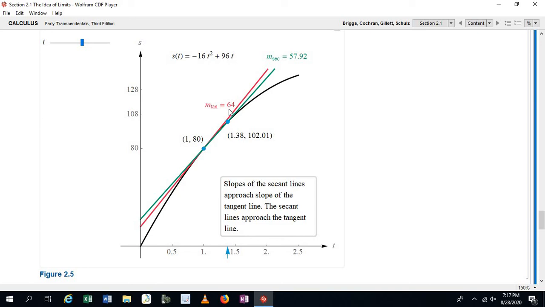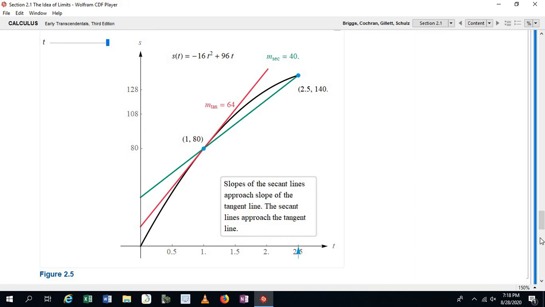A secant line goes through 2 points on the position function, and its slope represents the average velocity between those 2 points. Whereas a tangent line only goes through 1 point on the graph of the position function, and its slope is equal to the instantaneous velocity right at that single point in time, namely here when t is equal to 1.